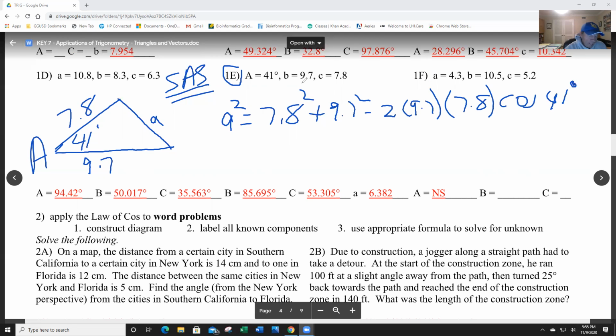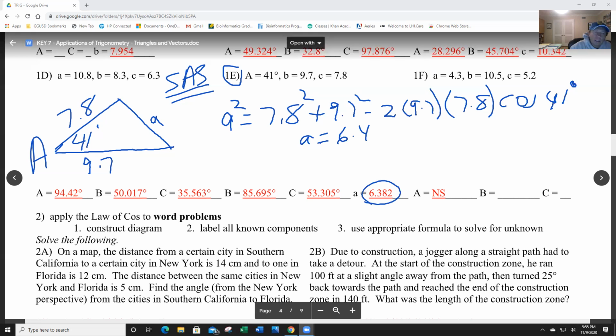Okay, now that's going to solve, A is going to be around 6.4. There's your exact answer. Okay, but around 6.4. Great. Okay, then once you do that, we want to do the law of sines next for the other parts.